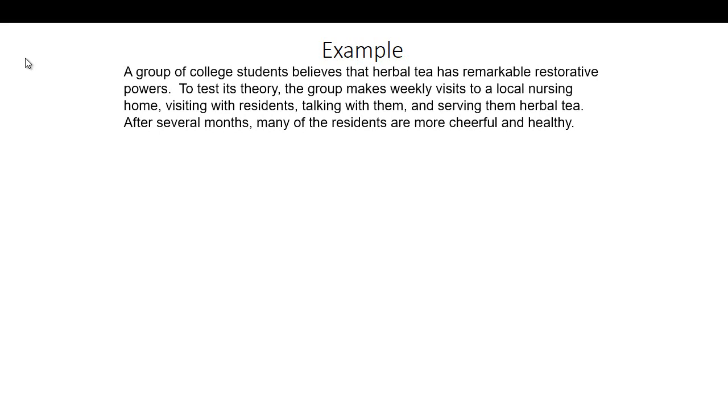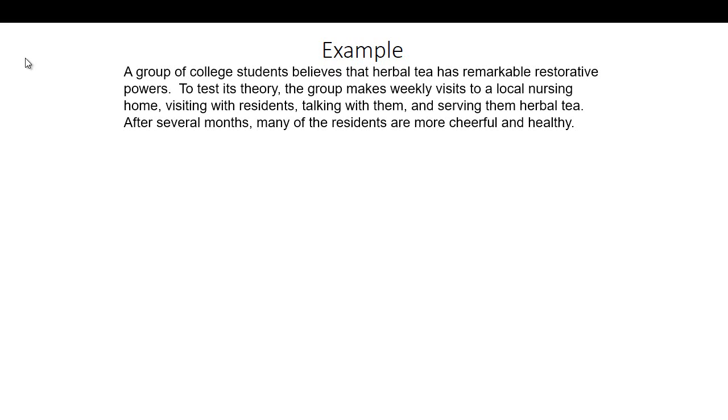A group of college students believes that herbal tea has remarkable restorative powers. To test its theory, the group makes weekly visits to a local nursing home, visiting with residents, talking with them, and serving them herbal tea.